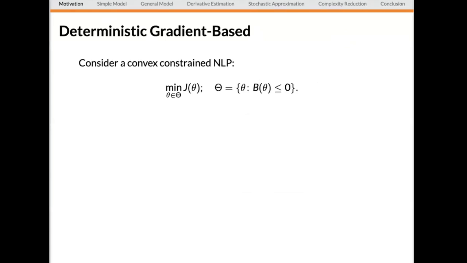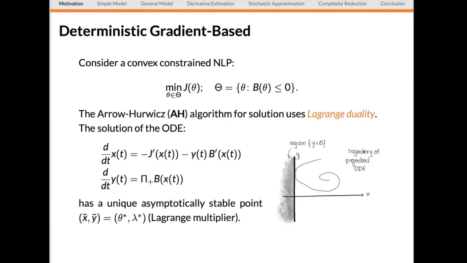B of theta is called the constraint function. We want the constraint to be less than or equal to 0. This is the canonical way of presenting it everywhere. One of the techniques to solve this is called the Arrow-Hurwitz algorithm, which I shorten to the AH algorithm. This Arrow is the one who publishes in finance as well. So this is the same person.